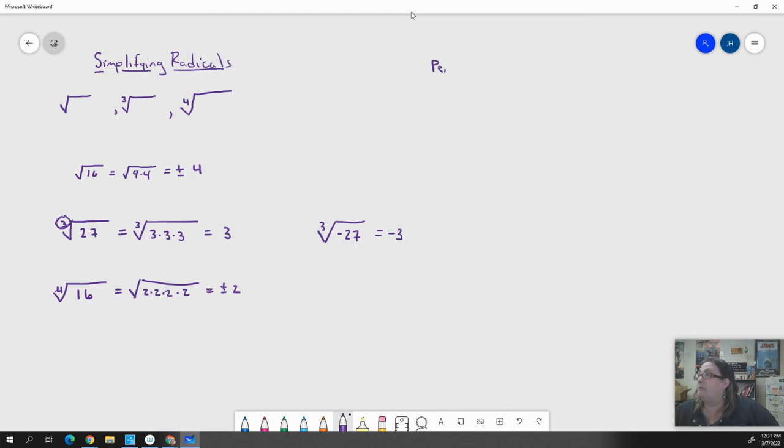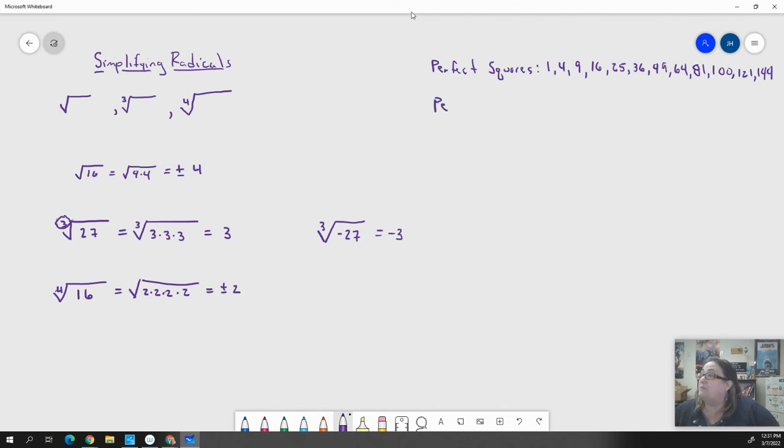So some perfect squares would be, let's see, 1 times 1 is 1, 2 times 2 is 4, 3 times 3 is 9, 4 times 4 is 16, 25, 36, 7 would be 49, 8 would be 64, 9 is 81, 10 is 100, 11 is 121, 12 is 144. I could keep going, but I'm not going to.